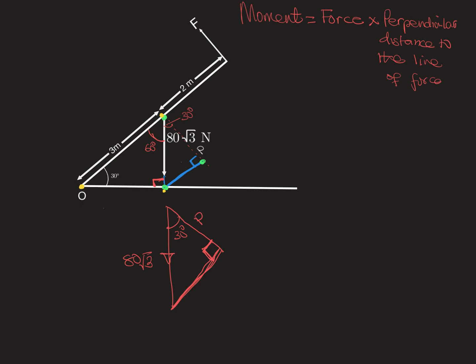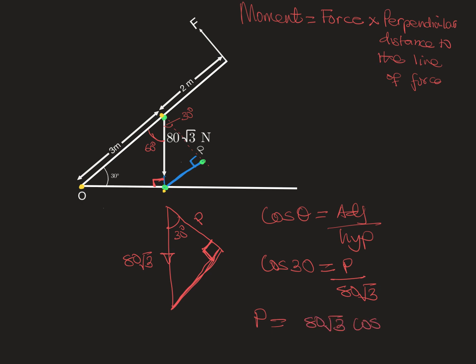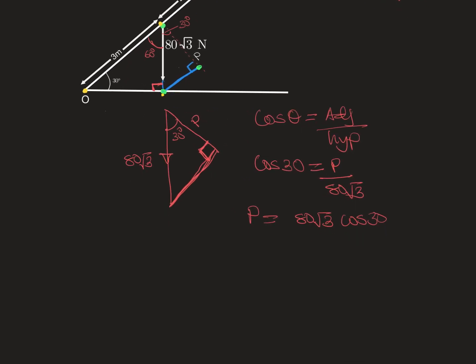So to find P, the trigonometric ratio is cos theta equals adjacent over hypotenuse. So cos 30 degrees is equal to the adjacent, P, over the hypotenuse, 80 root 3. So P is 80 root 3 cos 30. That is, P is equal to 120 newtons.